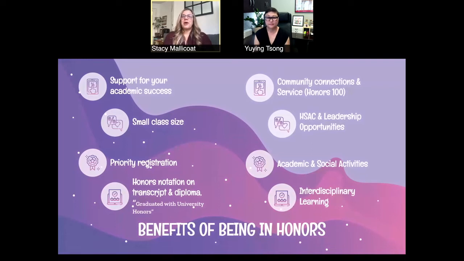You also get priority registration, and that is a big deal to a lot of our students. Again, with campus being as big as we are, we offer so many classes, but getting that priority registration really helps you ensure that you get the schedule that you want with the classes that you're looking to take. One of the things I should also mention about the honors classes is that, in addition to being small, they do tend to be very interdisciplinary in nature.